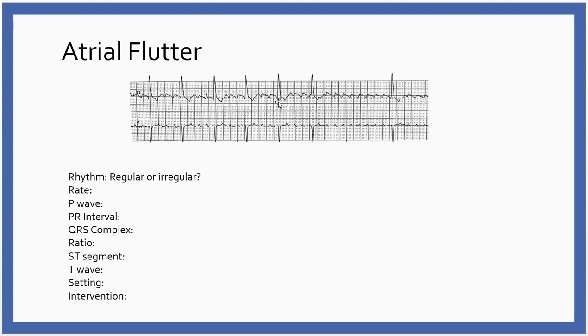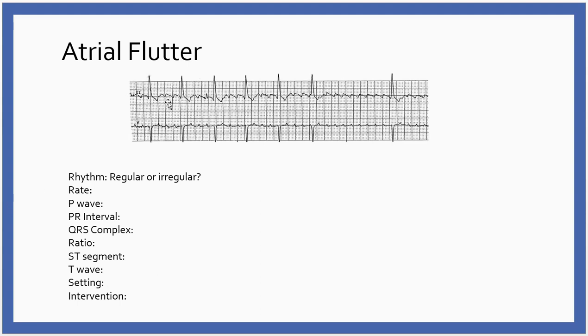Maybe this one is the cleanest. Beginning of the QRS to the end, it looks like my QRS is a little bit over 2 baby boxes, so a little bit over 0.08, maybe 0.10. That looks pretty good.